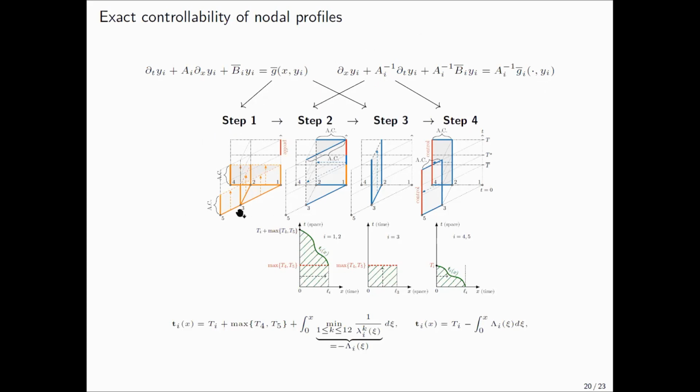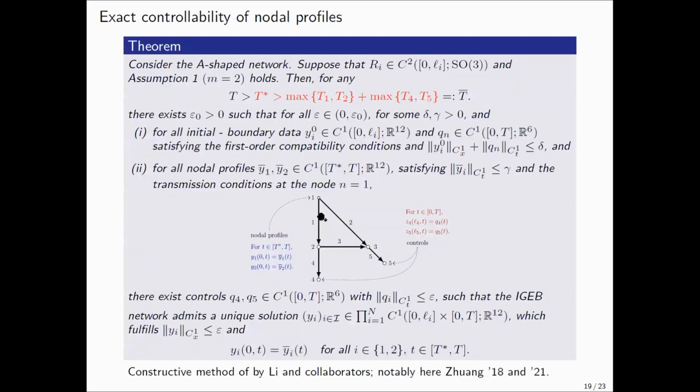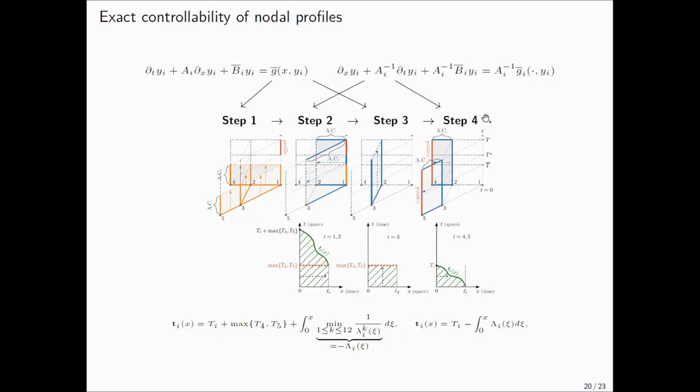So the procedure is as follows. First, you need to solve for the whole network at once, the system, until the time T star, which is defined here. Once this is done, you get the trace of the solution at the node 1 where you want to profile.